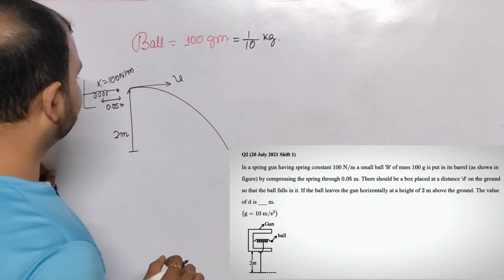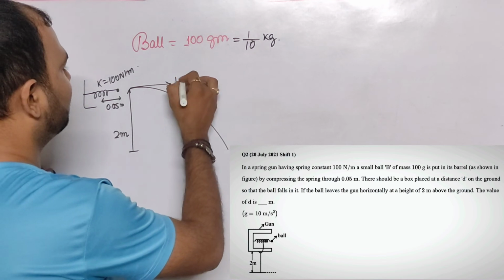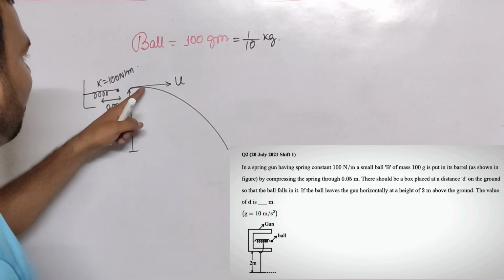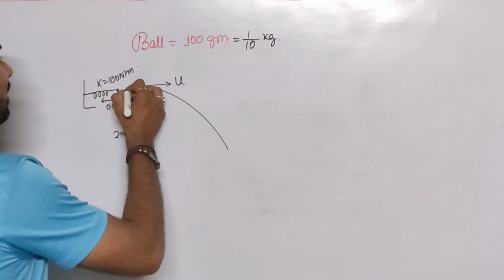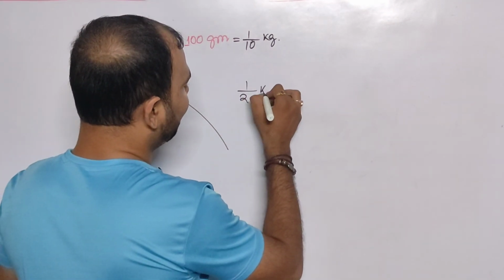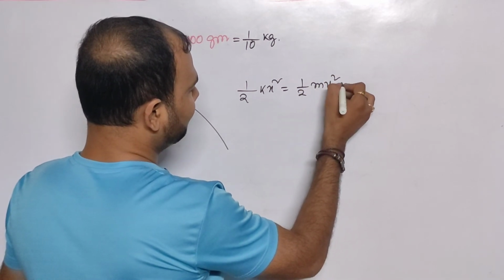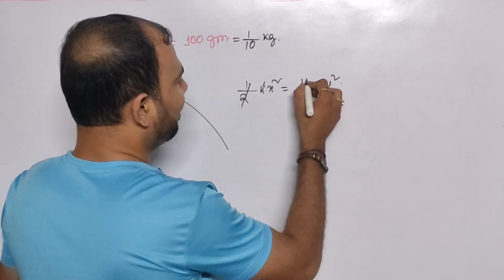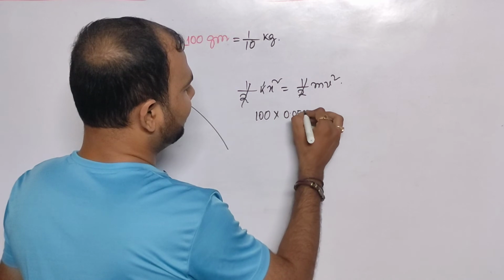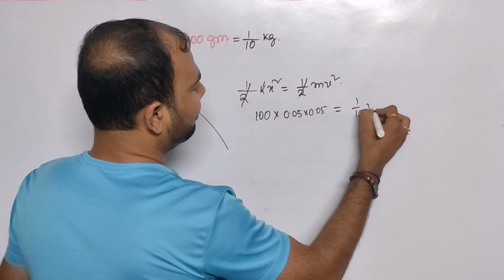Now, how to find the initial velocity of the ball? It is very simple. The initial kinetic energy of the ball is gained by the compression of the spring. So spring energy half kx square is equal to half mv square. Half cancels out. 100 into 0.05 into 0.05 equal to mass 1 by 10 v square.